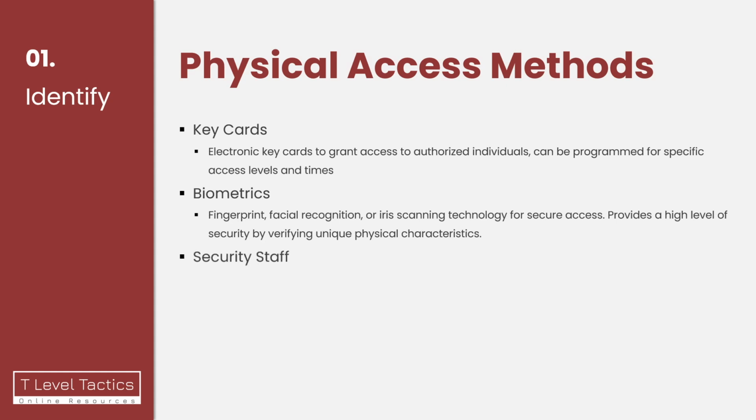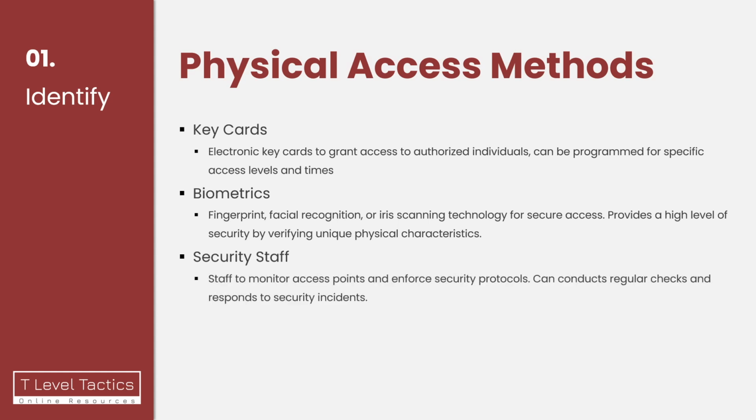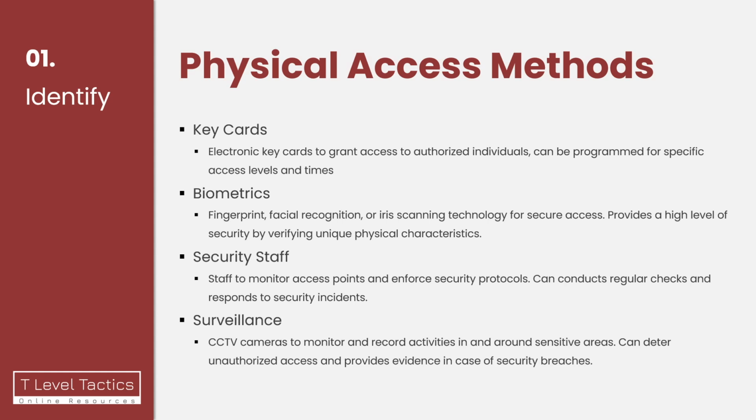We can have security staff to monitor access points and enforce protocols and conduct regular checks and respond to incidents if we need them to. And surveillance like CCTV cameras to monitor and record activities in and around these sensitive areas we're trying to protect. This can help to deter unauthorized access, and if there is any, can provide some evidence in case of a security breach.